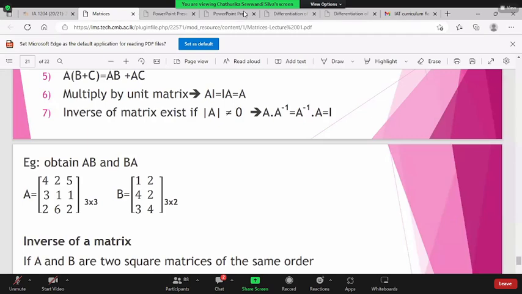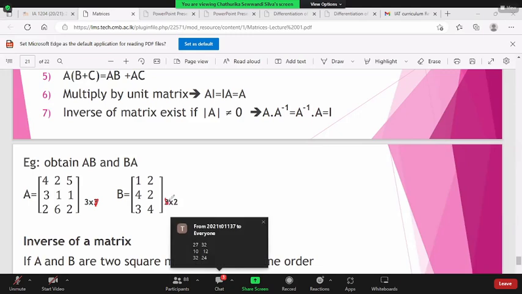I believe that you can remember how to perform the matrix multiplication, right? So if you are going to perform A multiplied by B, we said yes, we can perform. Why? The number of columns here is equal to the number of rows, right?